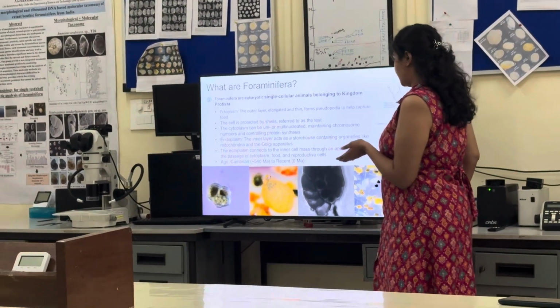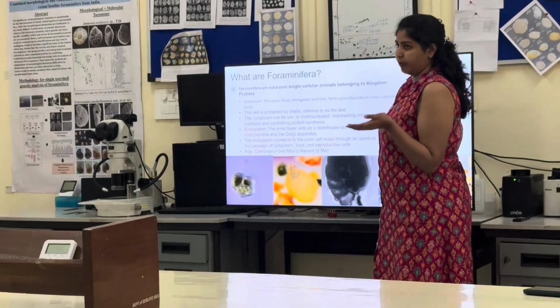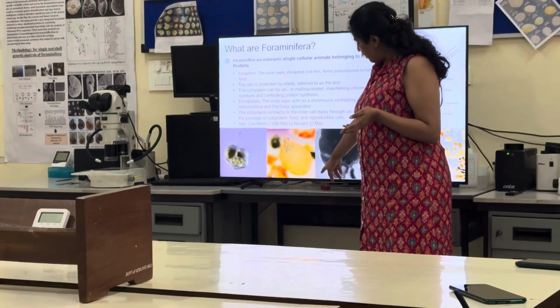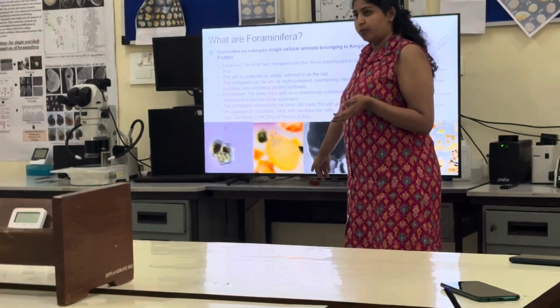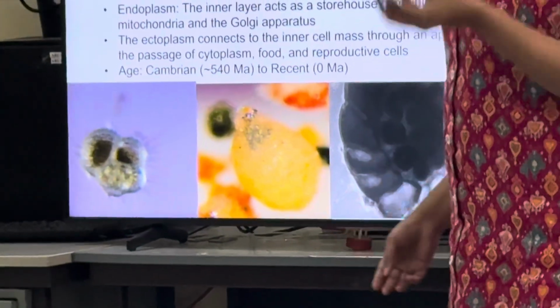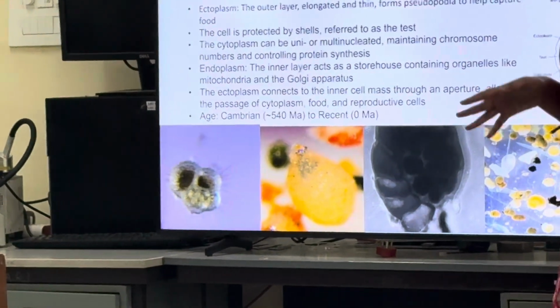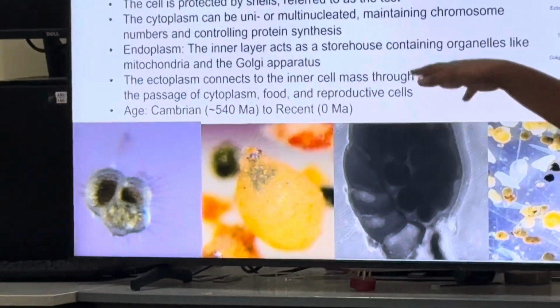The next part is to look under an inverted compound microscope. This is an image from the inverted compound microscope, and you see there are little pseudo-reticulopodia. Can you see? If you keep the sample in the same salinity water for a while, it will stretch out its pseudo-reticulopodia to get food.